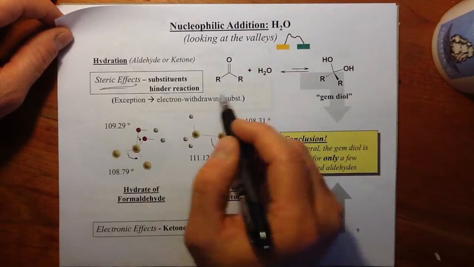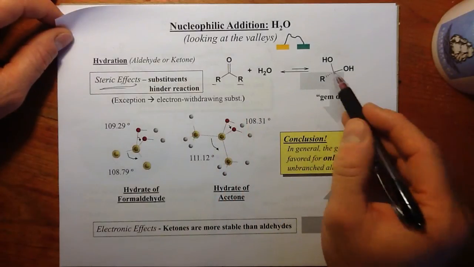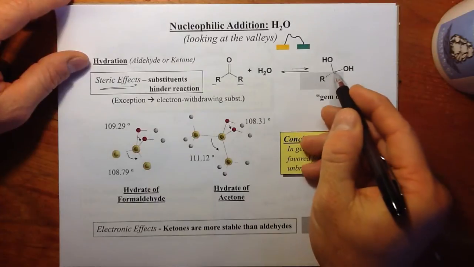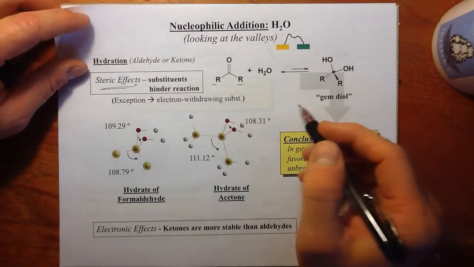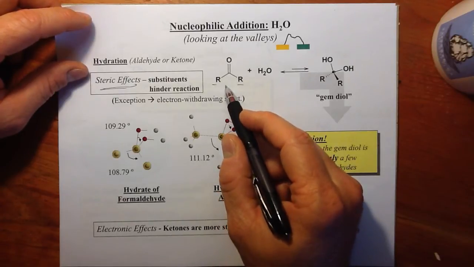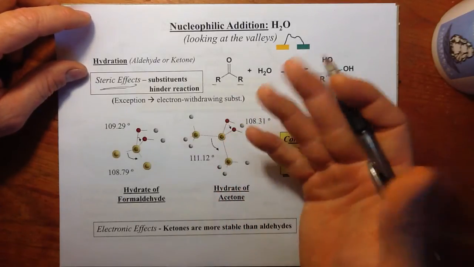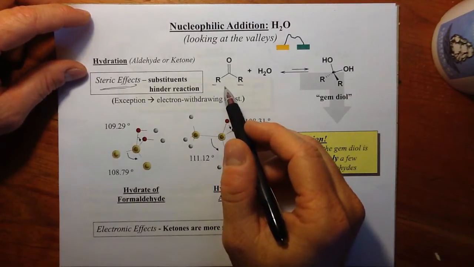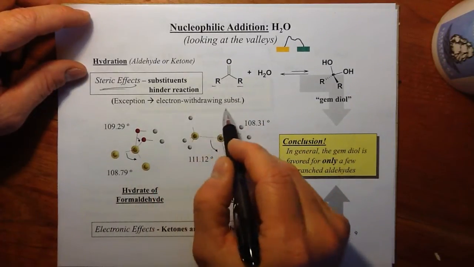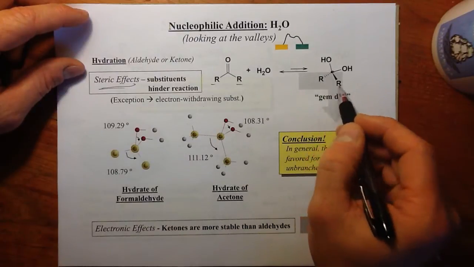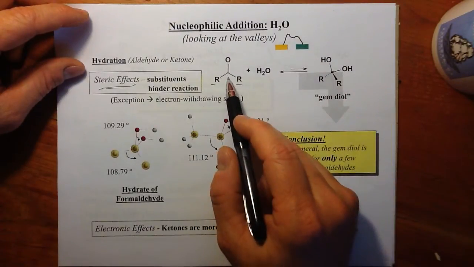The steric effects are such that these R groups, along with these OH groups, create a little bit of steric hindrance around this tetrahedral carbon that limits the addition products that we can have to a ketone. They tend to give us unstable products. These addition products are usually a little higher in energy than the starting ketone and aldehyde, the exception being electron withdrawing substituents as R groups already on the ketone or aldehyde.